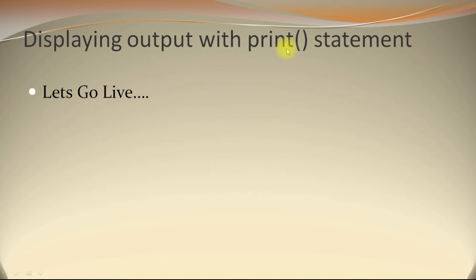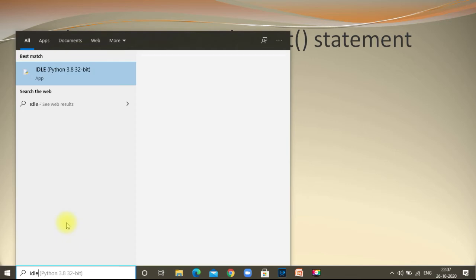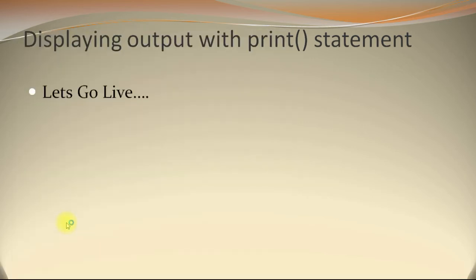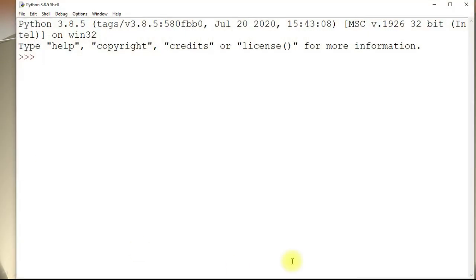So let us go live and see how the print function can be used in Python. Let us start with IDLE, where I can demonstrate the basic things of how print is configured.